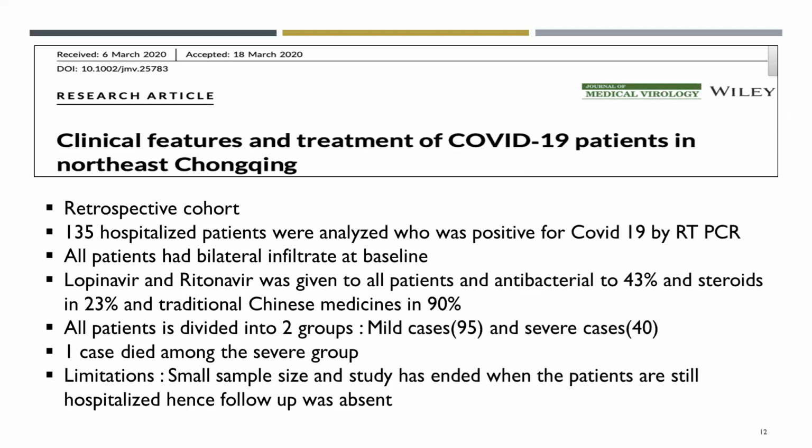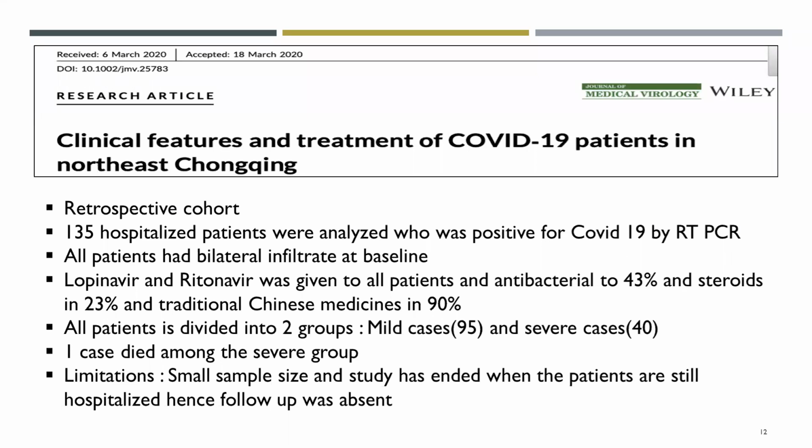All 135 were given Lopinavir Ritonavir, antibacterials in 43%, steroids in 23%, and traditional Chinese medicine in 90%. And all the patients were divided into 2 groups, mild cases and severe cases. However, in the analysis, 1 died among the severe group.